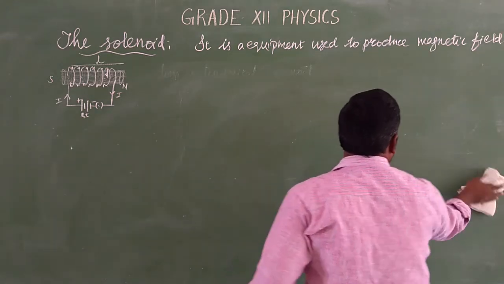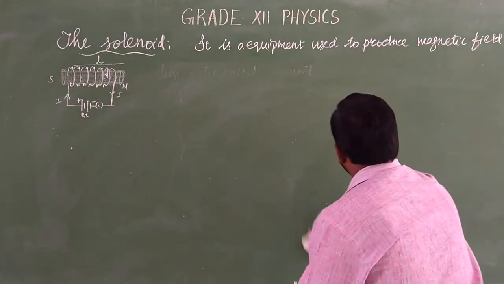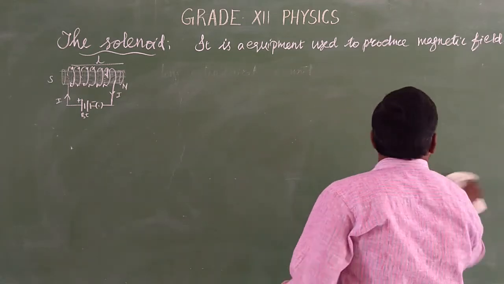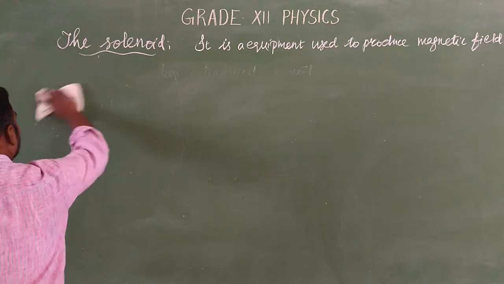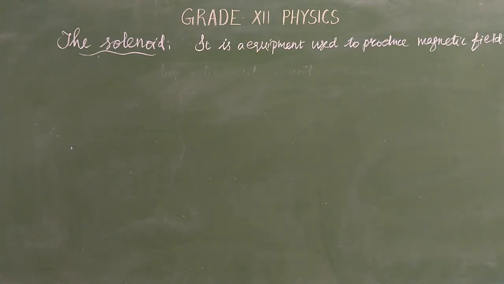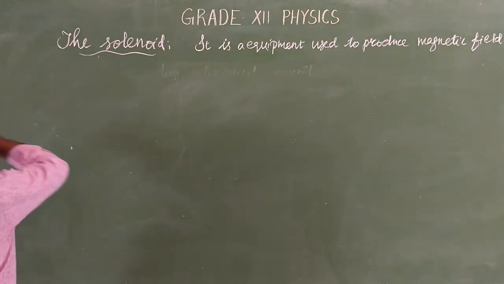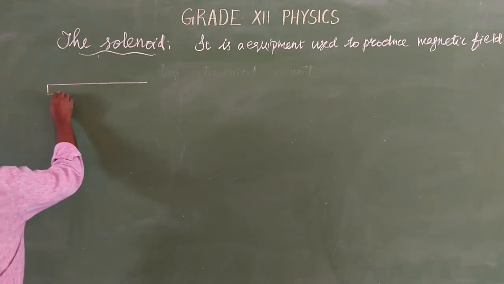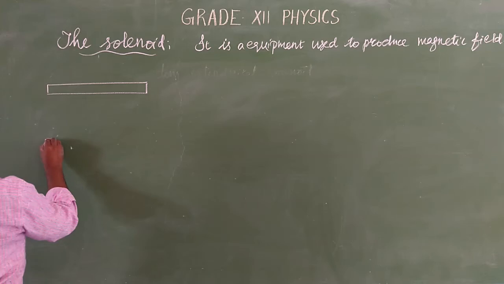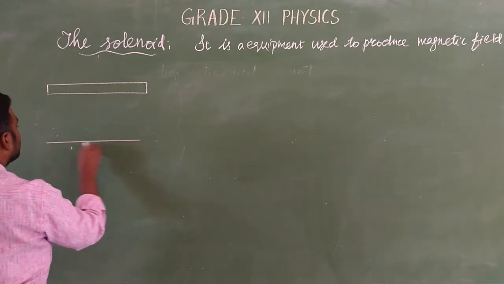So in this cross-sectional view, this is the upper end of the solenoid, and this is the lower end of the solenoid.